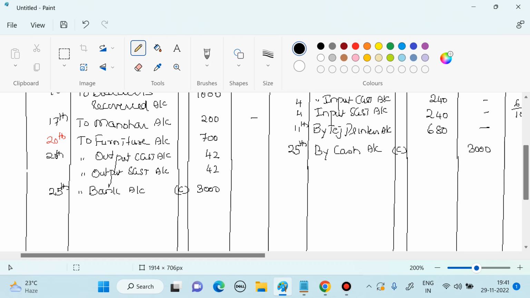So we debit drawings and it is withdrawn from bank. Both household expense and income tax of the proprietor is for personal use. So we will write on the credit side as by drawings account. In the bank column, 1,000 plus 500, 1,500.